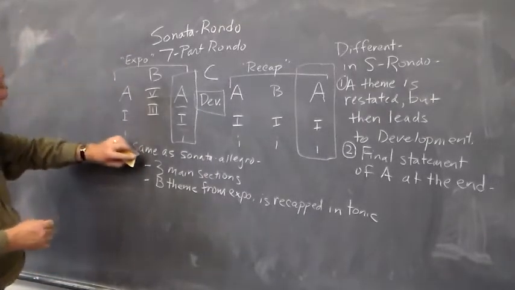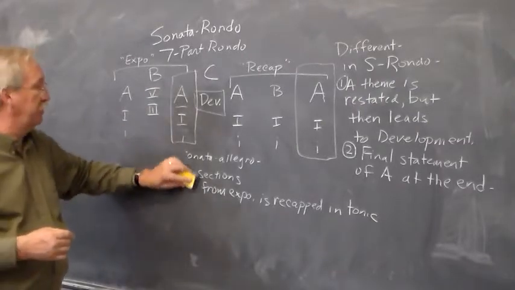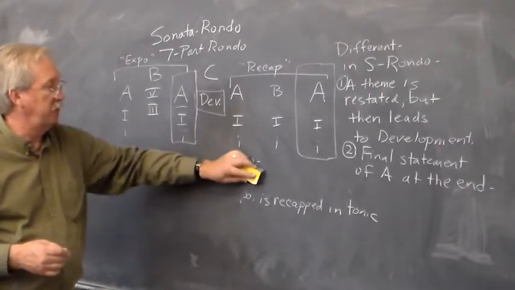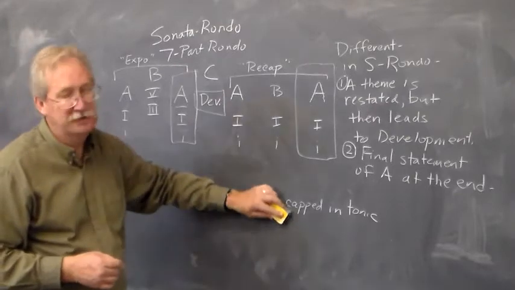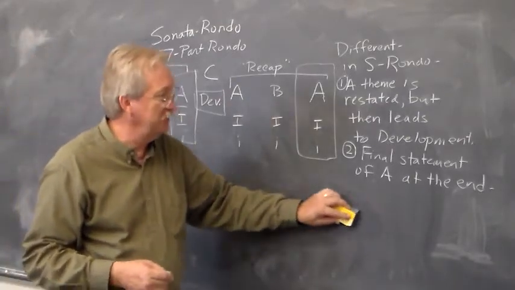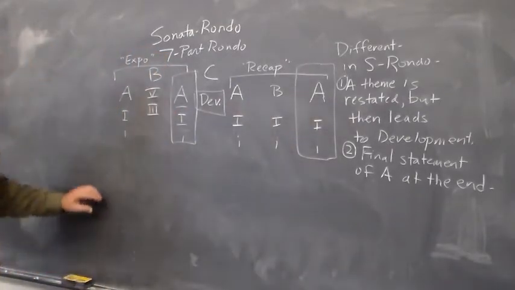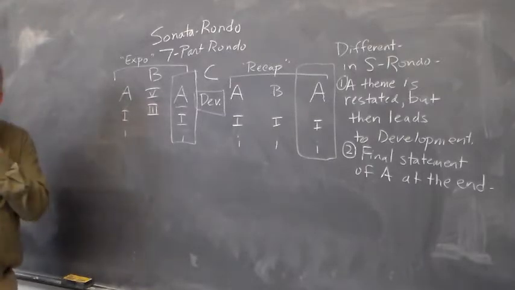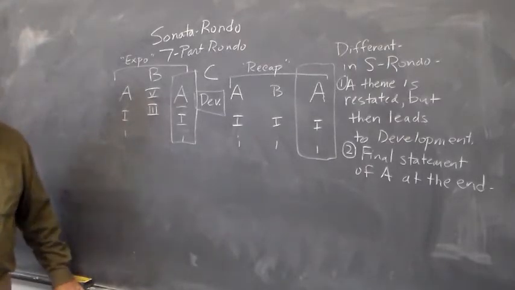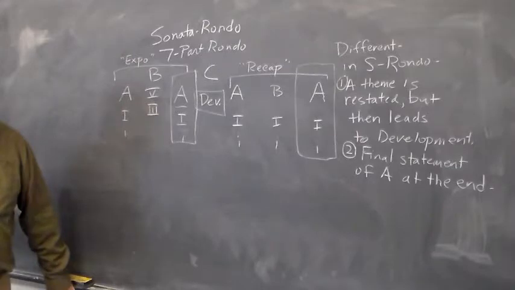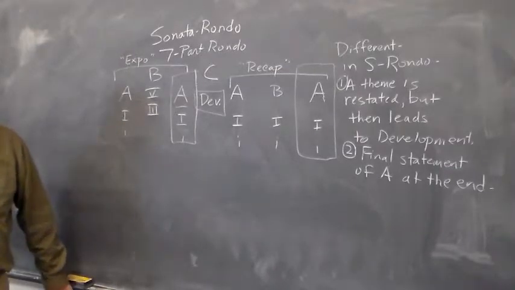All right, now, in this particular movement, of course, it's not going to follow exactly this plan, but it follows close to this plan. So what we're going to hear, the A theme is unusual, because if you look at your score, the way the A theme is stated, it sounds like it's in C major.